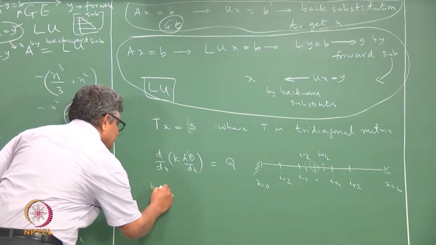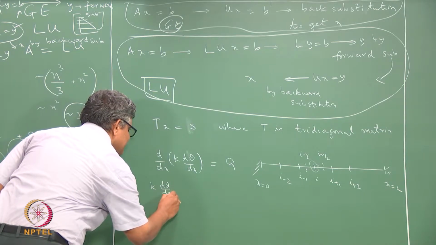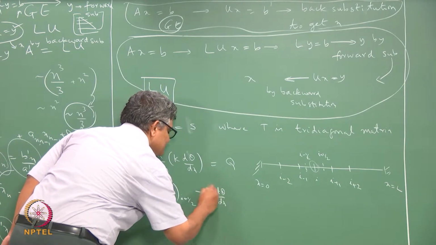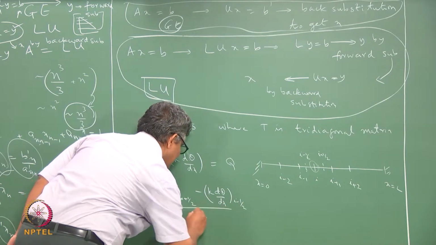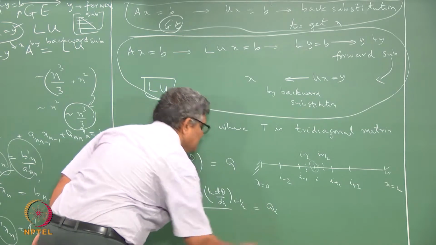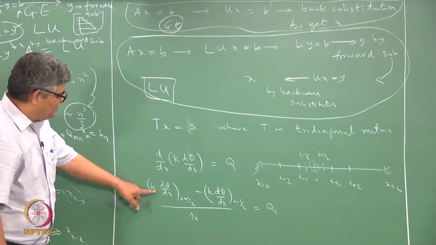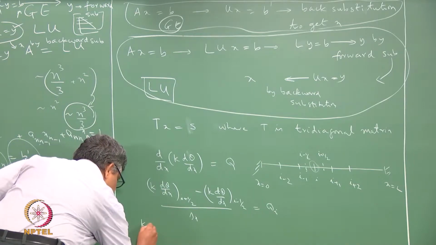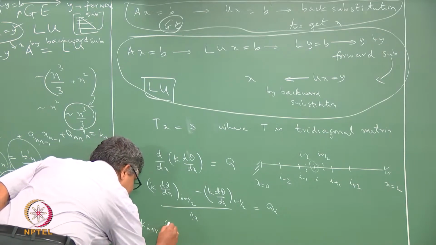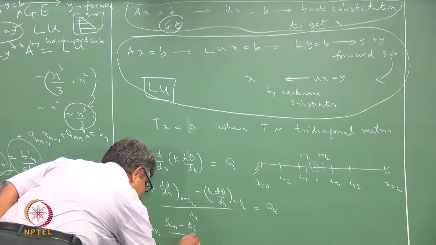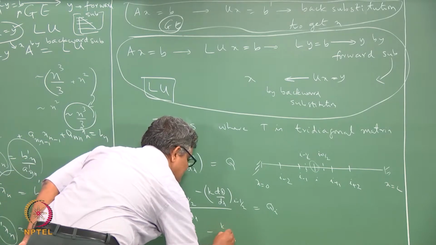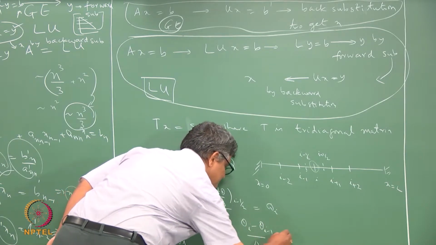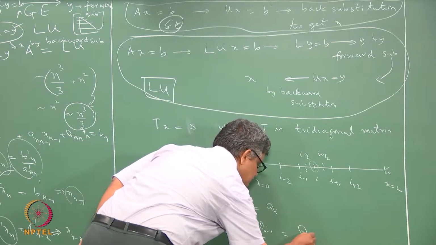So, we can write this as k d theta by dx at i plus half minus k d theta by dx at i minus half divided by delta x is equal to qi, and we can write d theta by dx at i plus half here as k at i plus half, and this as theta i plus 1 minus theta i by delta x minus k at i minus half theta i minus theta i minus 1 by delta x is equal to, we take this here and we have qi times delta x.